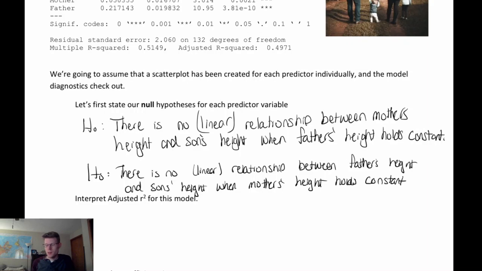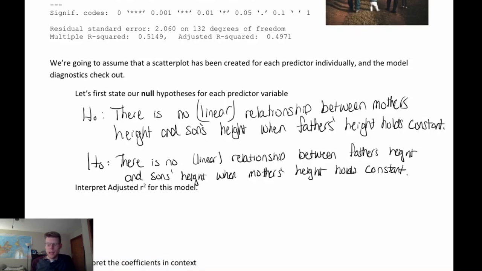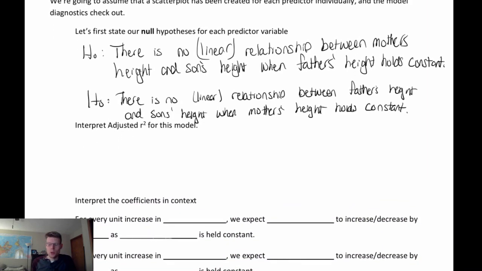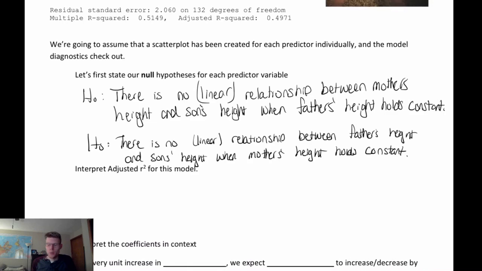All right. Okay, and so we're going to judge each of these, and we're also going to interpret our adjusted R squared as well. So we talked about this a little bit earlier in the previous video. So our adjusted R squared is 49.71%.